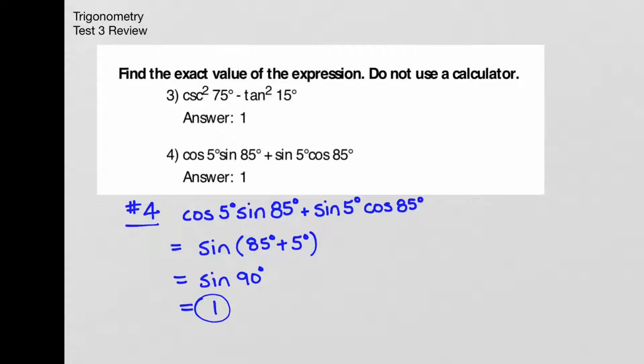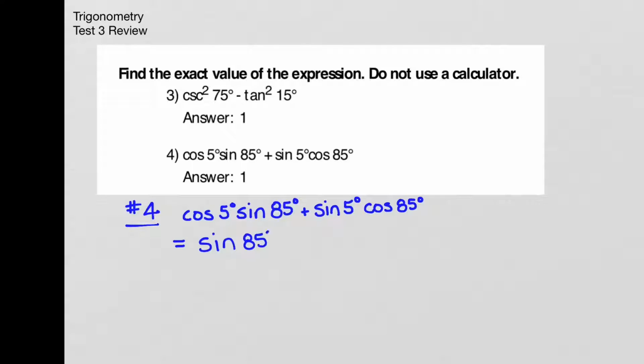Final answer. Now that didn't use the complement rule. If I had wanted to do it that way, I could by saying the cosine of 5 degrees is the same thing as the sine of the complement of 5 degrees, which is 85 degrees.